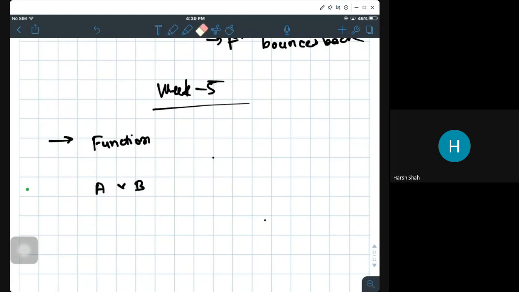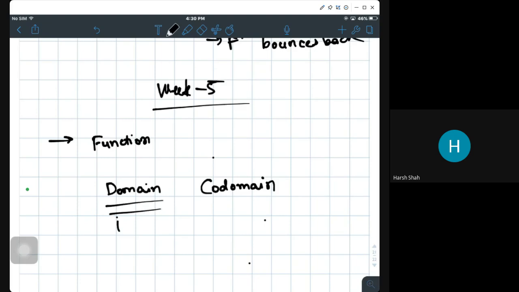Here we have something called domain and codomain instead of A and B. It is just a relation that has been defined like this. The only condition is domain is always used. Means all the elements in my domain are used.